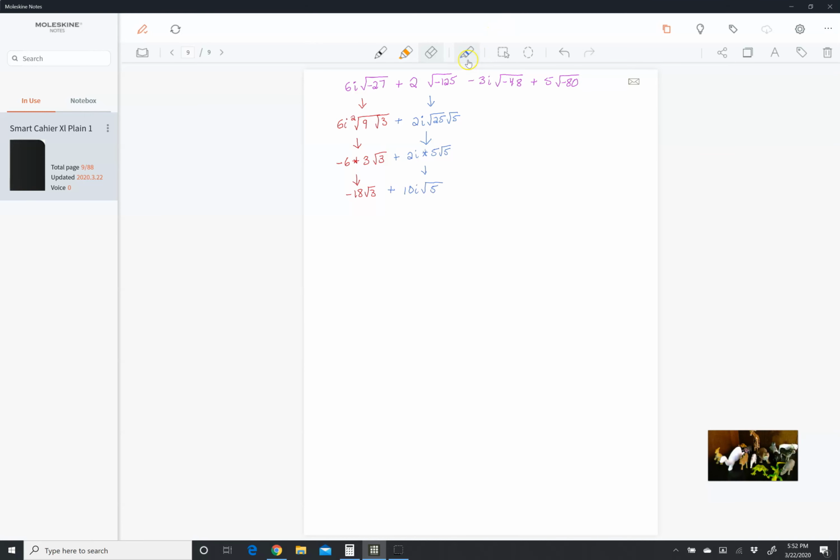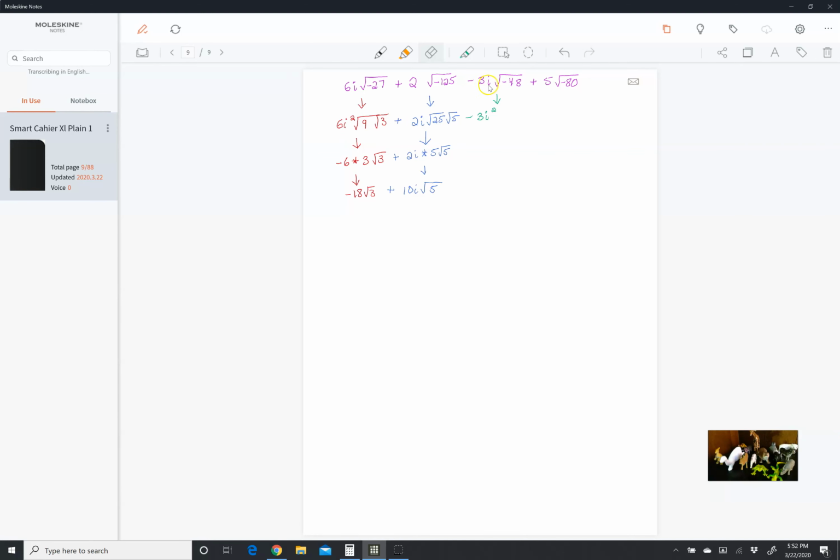Now we're going to do the third one. So we'll do that one in green. Okay, so again, the negative just gets carried down. And then just like the first one, we pull out a second i. That's where the i squared comes from. There's already an i on the outside. The negative says pull out a second i.